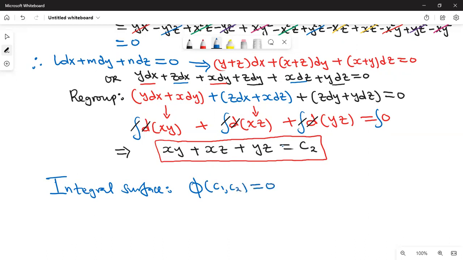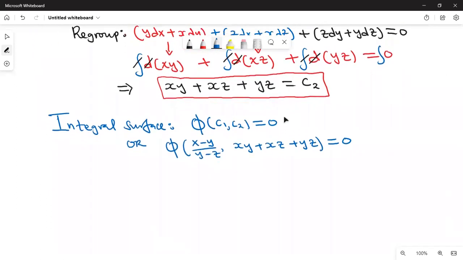If I replace C1, C2, we'll write this, our C1 we got (x minus y) over (y minus z), and our C2 we have found xy plus xz plus yz. That should give us 0. The phi here is an arbitrary function.